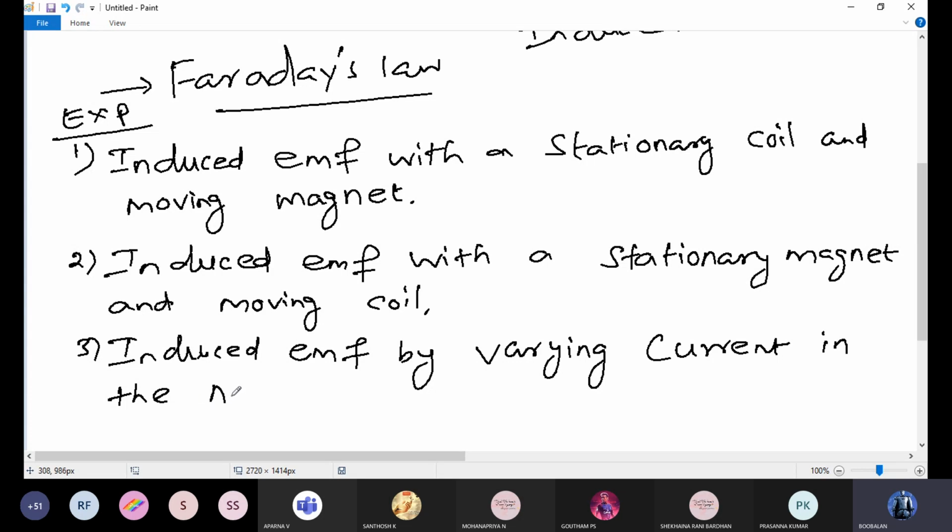Current in the neighboring coil. Okay, so these are the three experimental studies. First one, second one, third one. Based on these three experiments, we get the idea for Faraday's law of electromagnetic induction, the first law and the second law. Please note it.